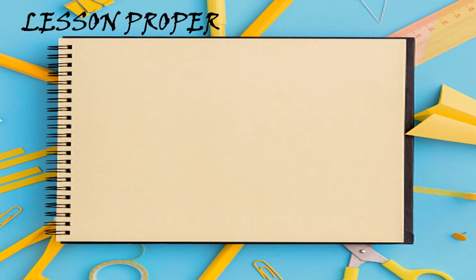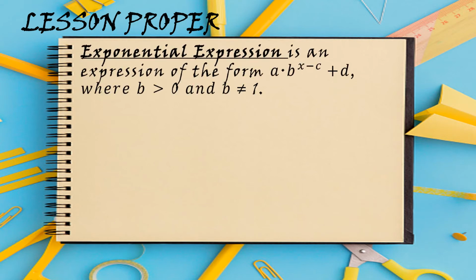Now let us proceed with the lesson proper by discussing first what an exponential expression is. It is an expression of the form a times b raised to x minus c, plus d, where the base should be greater than 0 and not equivalent to 1. Why? Many expressions with negative bases make no algebraic sense, or they do not define any real number, and a base of 0 leads to just a constant function.